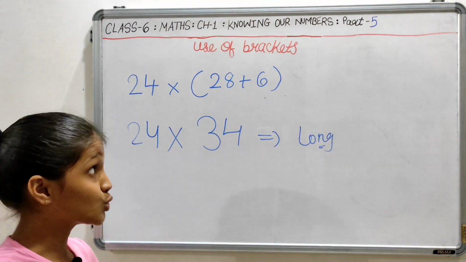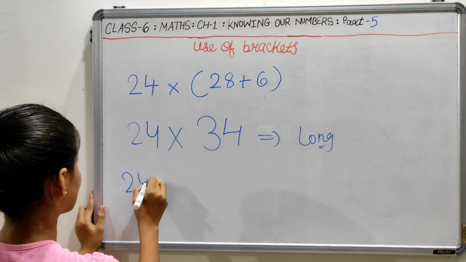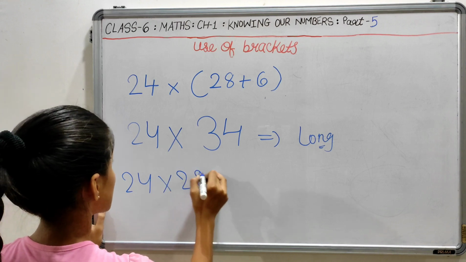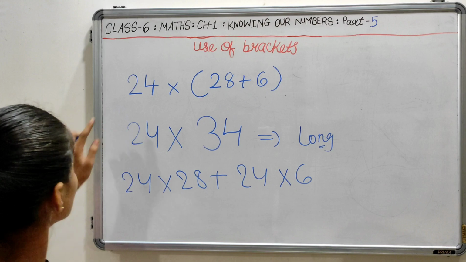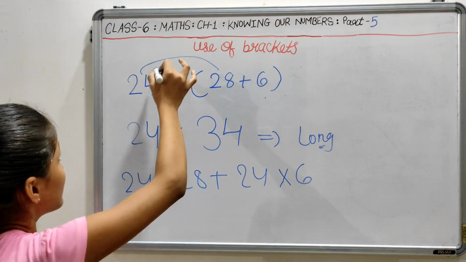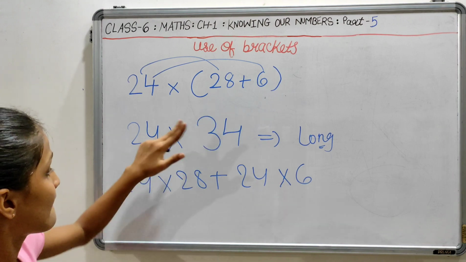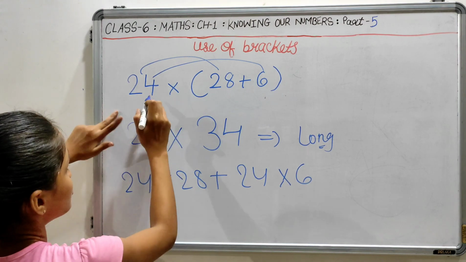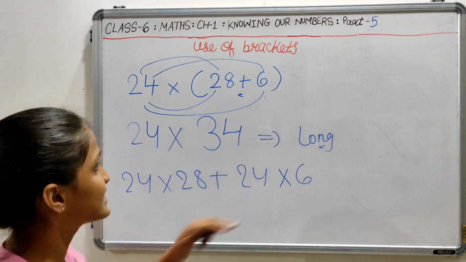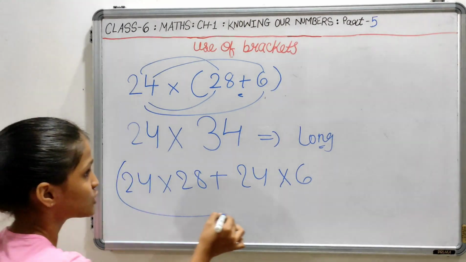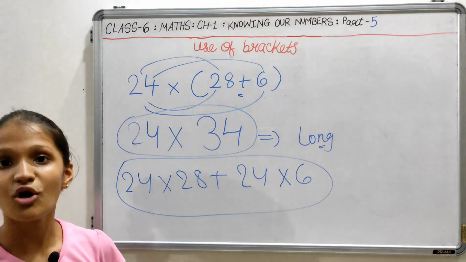So what we can do is 24 into 28 plus 24 into 6. So we distributed 24 over here and over here. We get here 24 into 28 plus 24 into 6. So we will solve this instead of this by the use of brackets.